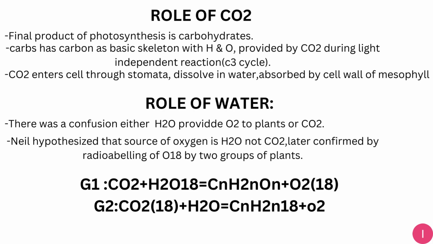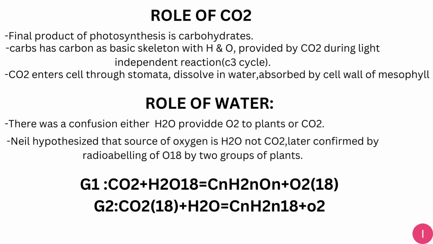Now carbohydrates have carbon as the basic skeleton. If we see the structure of a carbohydrate, it has the basic structure of carbon, hydrogen and oxygen. Carbon is the main part provided by carbon dioxide during the light independent reaction, the C3 cycle.